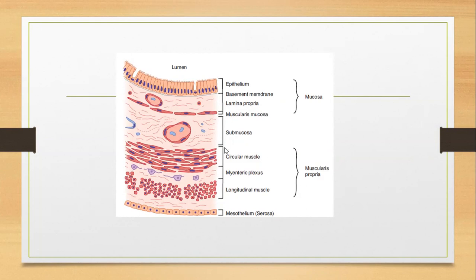The next layer being the submucosa, which is rich in large blood vessels and nerve fibers, plus a lot of contractile proteins and a lot of fibrous proteins, making a denser connective tissue as compared to the lamina propria. And as you move further out, you are going to go to the circular muscles and then to the longitudinal muscles. And then finally, we go to the serosa.